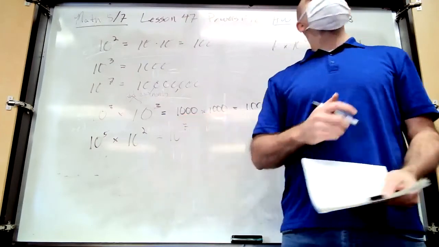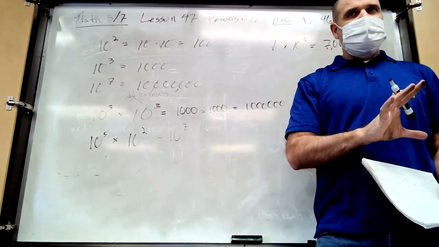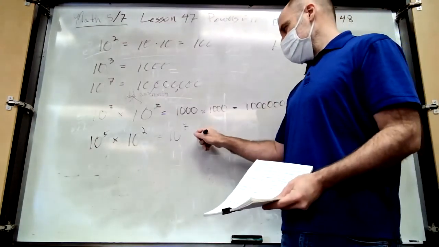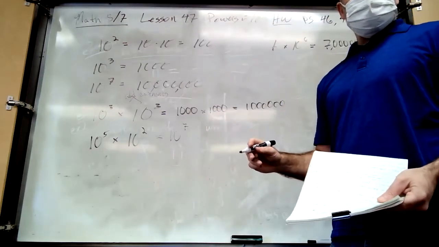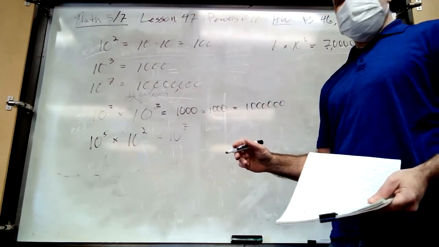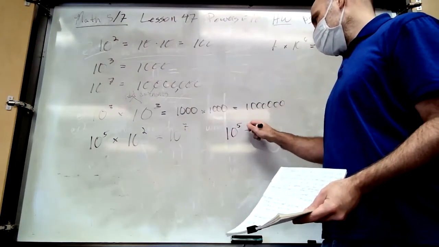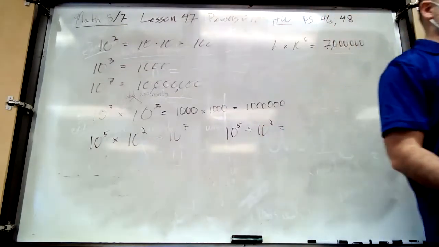All right, so let's use our logic. Turn your math off for a second and see what you would do in this case. If this was 10 to the 5th times 10 to the 2nd, it would be 10 to the 7th. What is 10 to the 5th divided by 10 to the 2nd? What do you think you're going to do with those exponents?